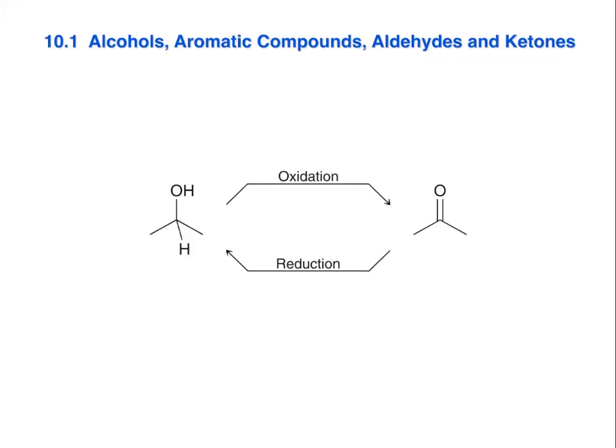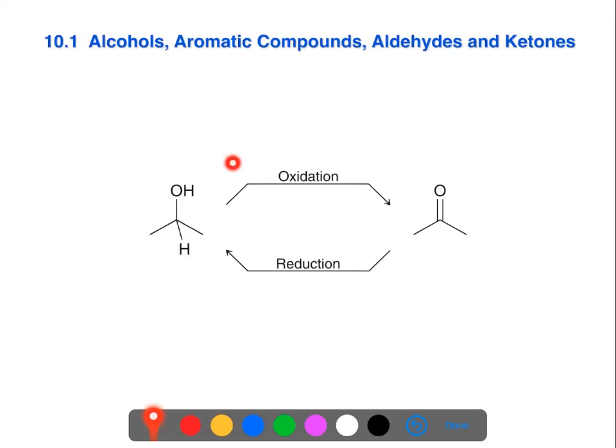And that is that we're going to be looking at reactions that allow us to oxidize alcohols to the carbonyl-containing compounds, such as aldehydes, ketones, as well as carboxylic acids. And similarly, we're going to look at ways in which we can efficiently and selectively reduce these carbonyl-containing compounds back to their respective alcohol.